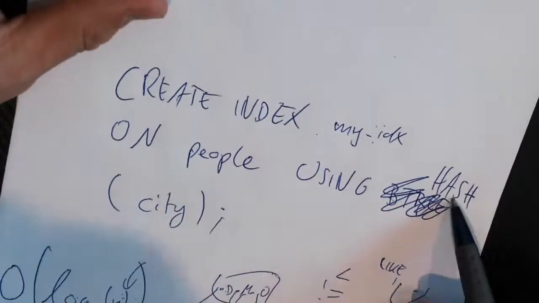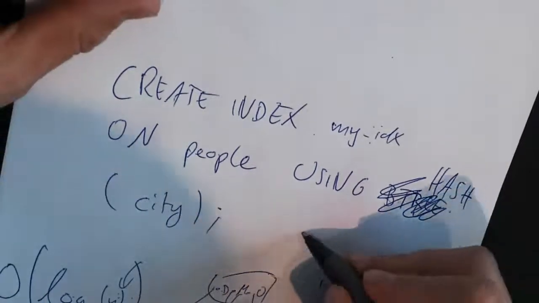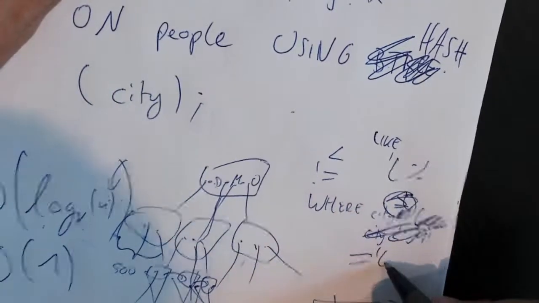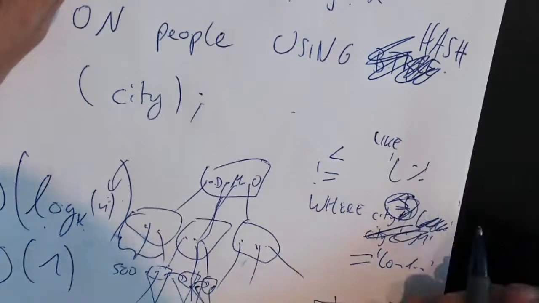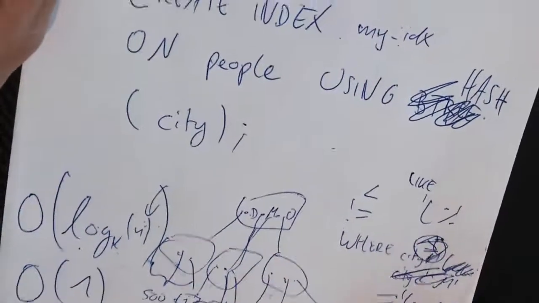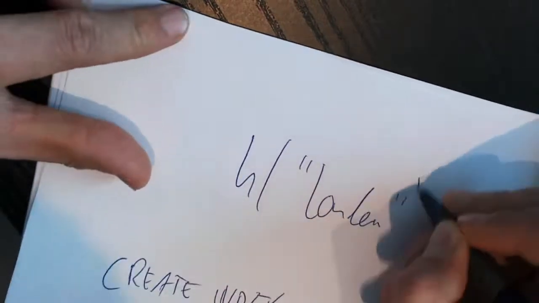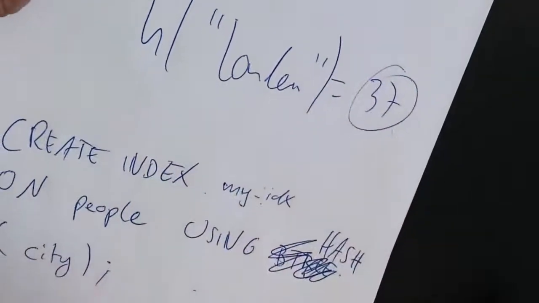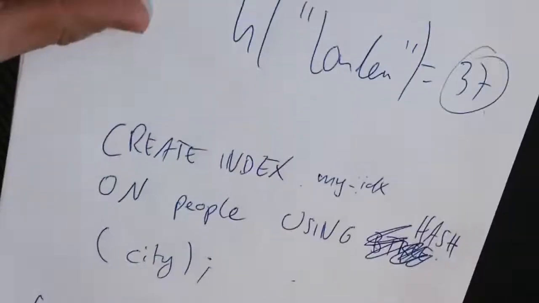But this is not the default, because you must be clear: it only supports equality. It only supports where city equals London. City greater than, price less than, something between, and so on is not supported. Hash only supports equality, because a hash function calculates that the hash of London is something like 37. So we jump to something in memory at address 37 to find the information where the row is.